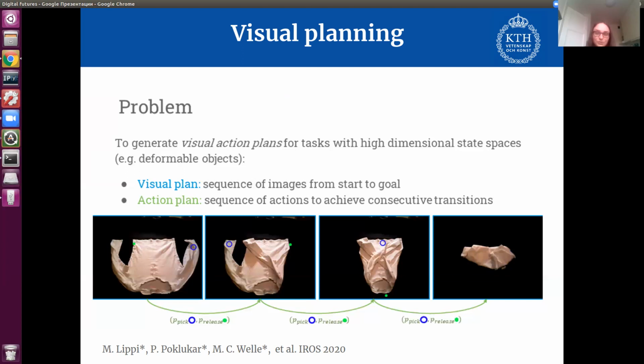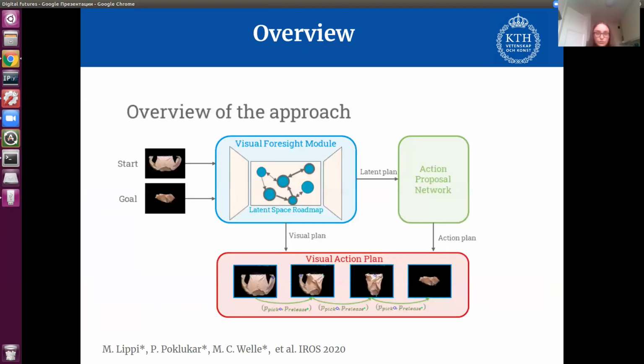So basically what we do, we start with images of the scene, and we use a variational autoencoder to learn the representation of the state space of the system. And the system in our case, in this example, is basically states of the shirt that is being folded on the table. So this is basically an overview of this approach. We start with an image of the scene.